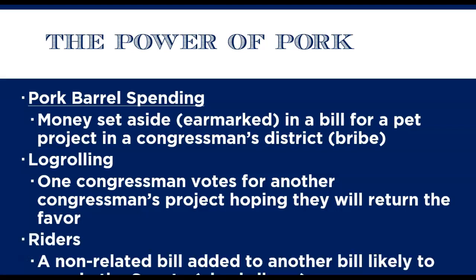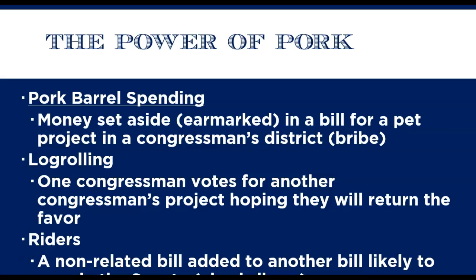You can't see all that, but it's basically a non-related bill that is added to another bill that is likely to pass. If Republicans want a bill to really, really pass, then the Democrats can say, we'll vote for that if you'll put in this rider that the Republicans probably wouldn't vote on in a normal situation.